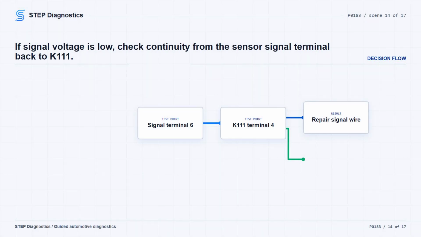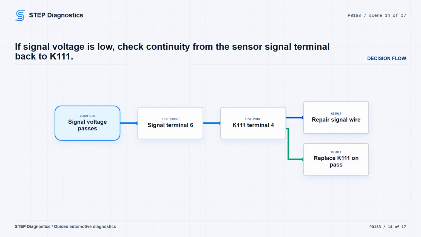If signal circuit terminal 6 to ground is less than 1 volt, turn ignition off and test continuity from signal circuit terminal 6 at the component harness to terminal 4 at the control module harness. The circuit should be less than 2 ohms. If it is 2 ohms or greater, repair the open or high resistance in the signal circuit. If it is less than 2 ohms, the procedure calls for replacing the K111 fuel pump driver control module.